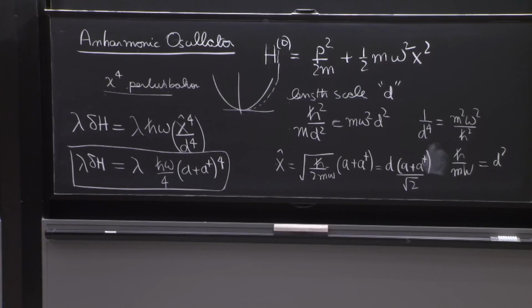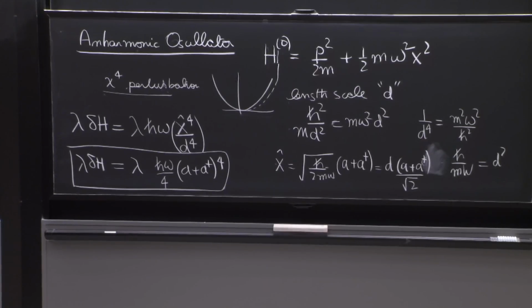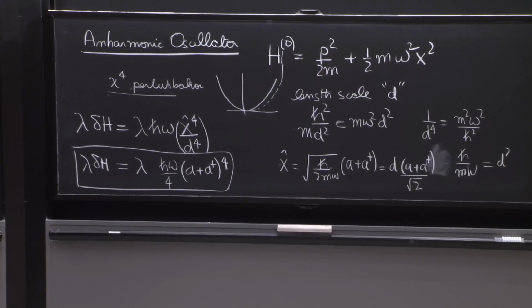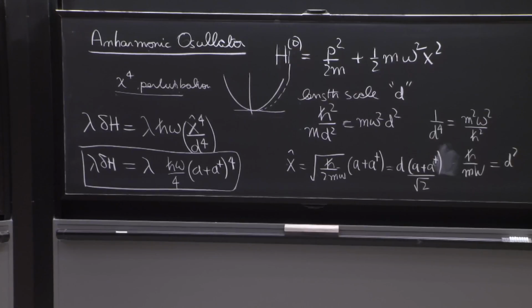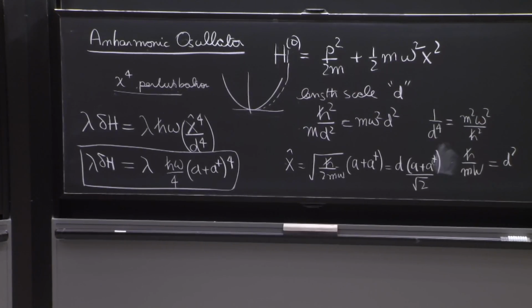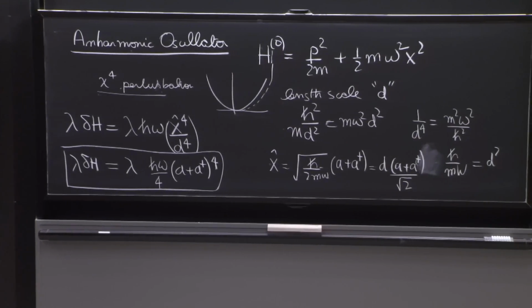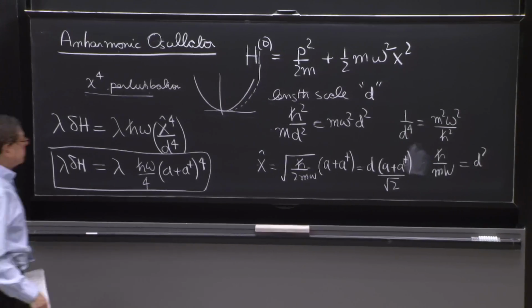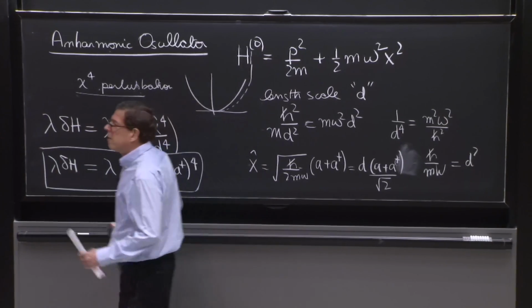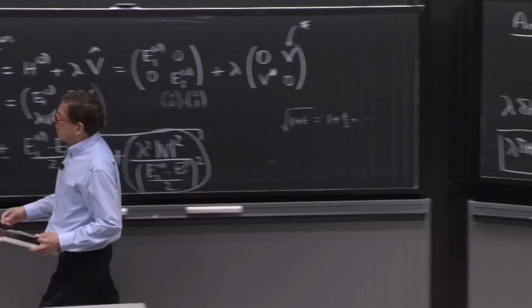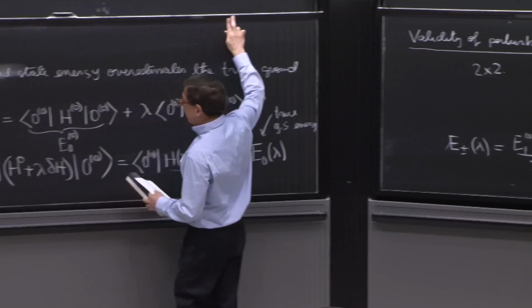So what do we want to do with this perturbation? It's a nice perturbation. We want to compute the corrections to the energy, corrections to the states, and see how they go. We can do that easily.